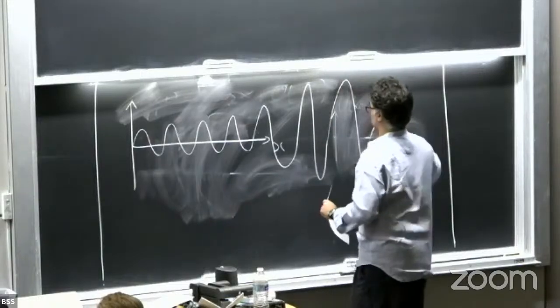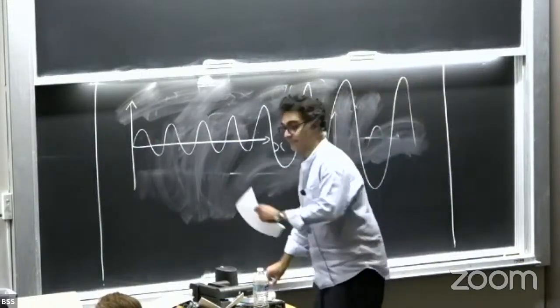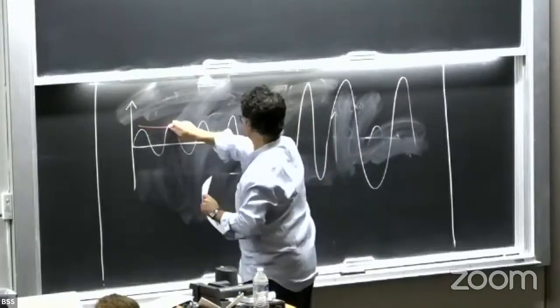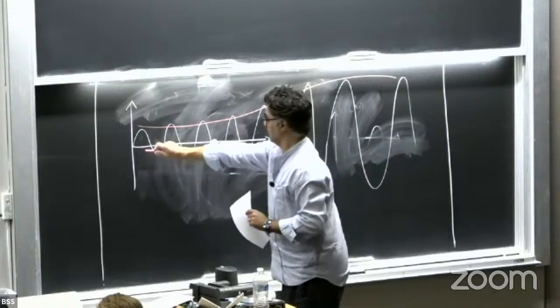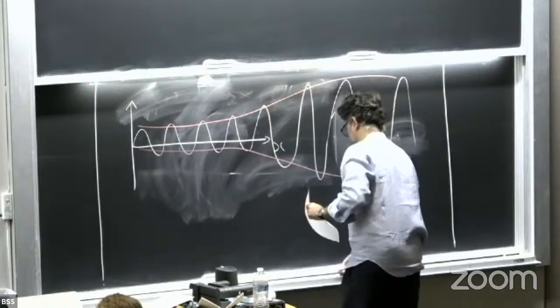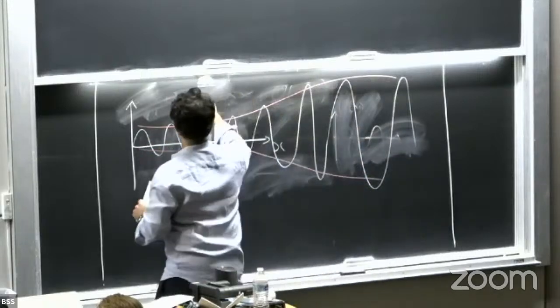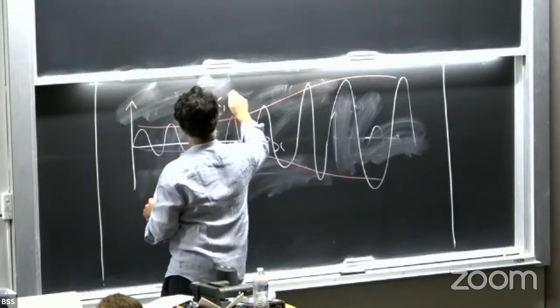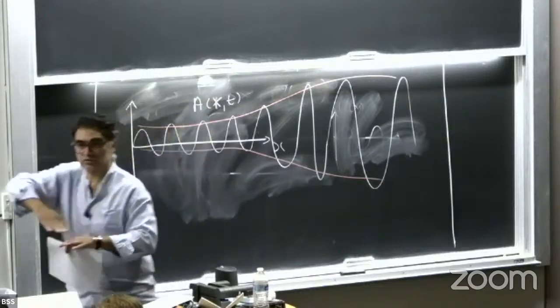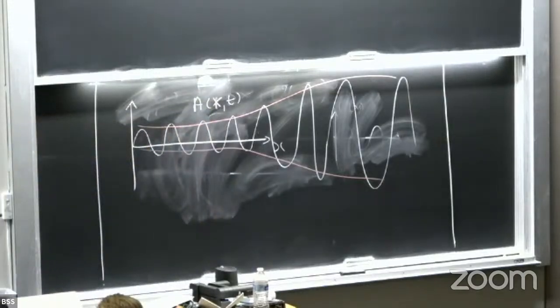On longer time scales, the amplitude of this periodic solution will have an envelope, okay? An envelope that grows, that I'm going to call A(X, T), that grows very slowly in space and time. It's like an adiabatic treatment of the problem.